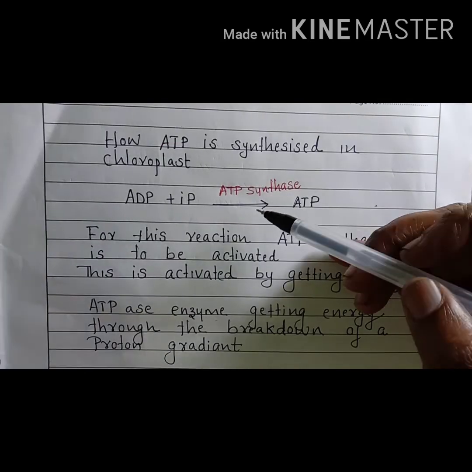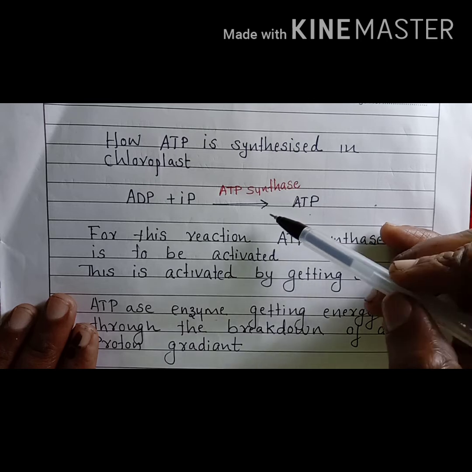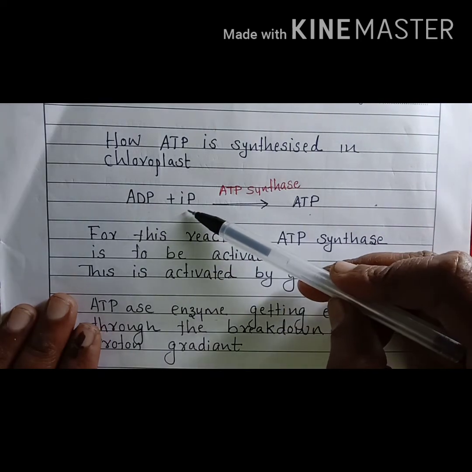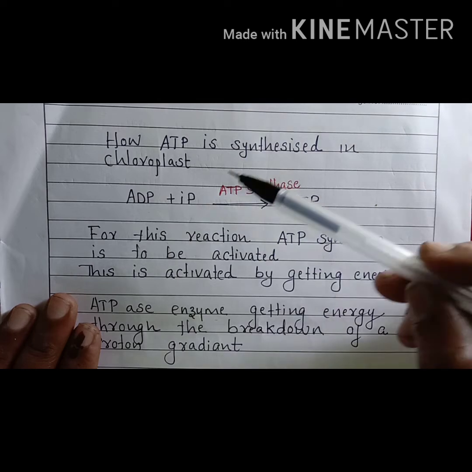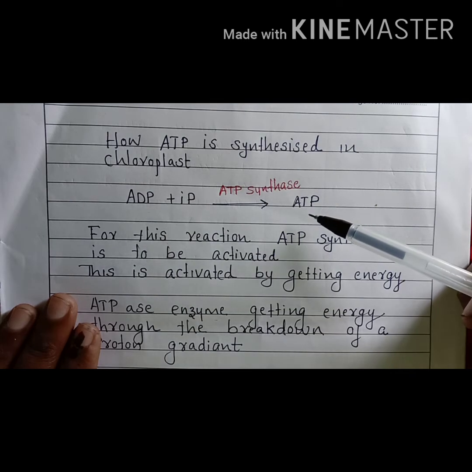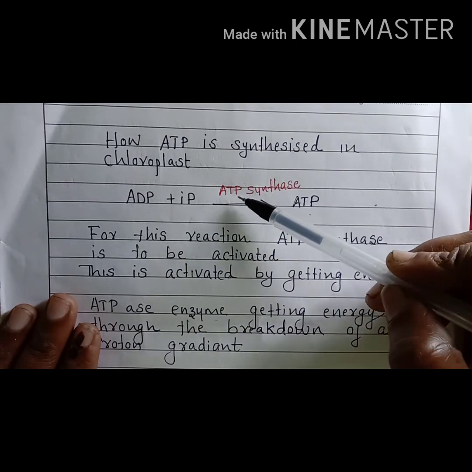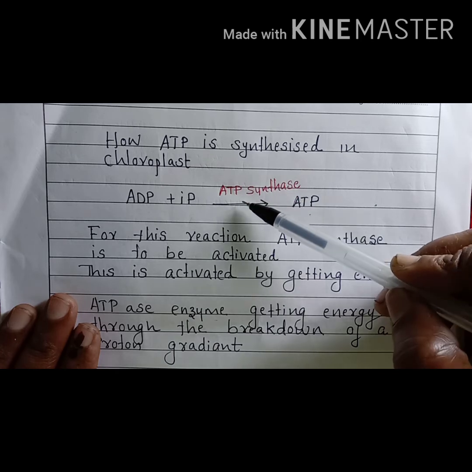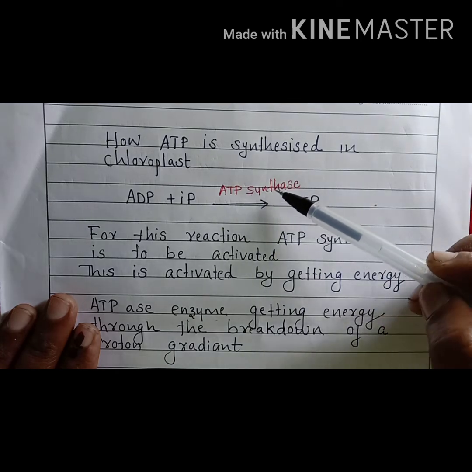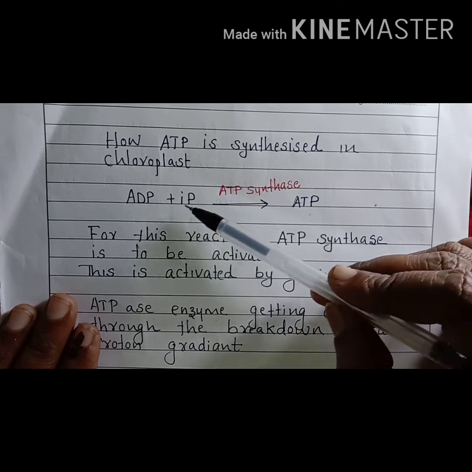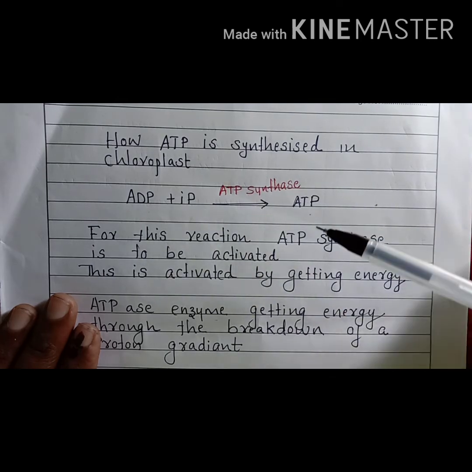We know that ATP is formed when ADP, adenosine diphosphate, combines with inorganic phosphate to become ATP. This process is accelerated by the enzyme ATPase or ATP synthase. This enzyme accelerates the formation of ATP.